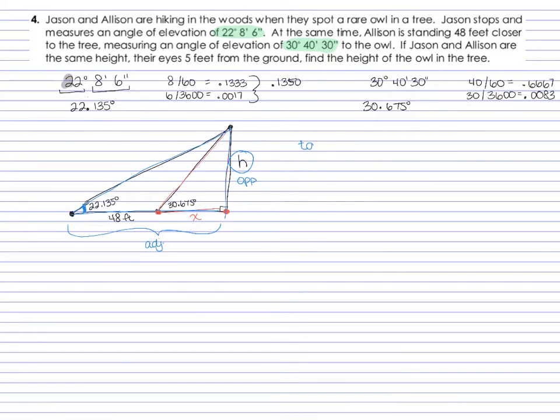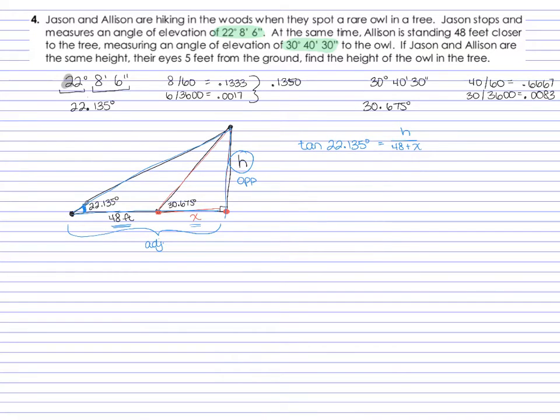So I'm going to say that the tangent of 22.135 degrees is equal to h, which is my opposite, over, now that adjacent side is actually both of those pieces put together. It's the 48 and the x. I have to add those together to get my full base. So over h, my adjacent side is 48 plus x.